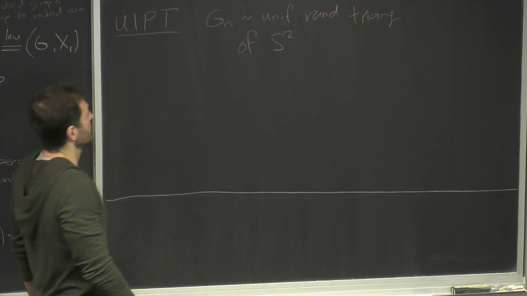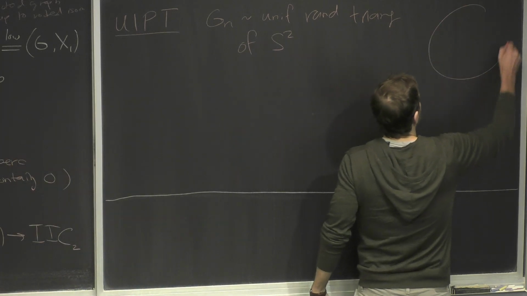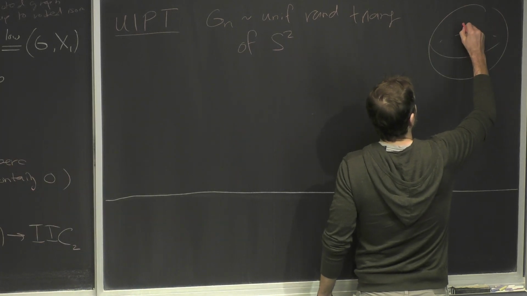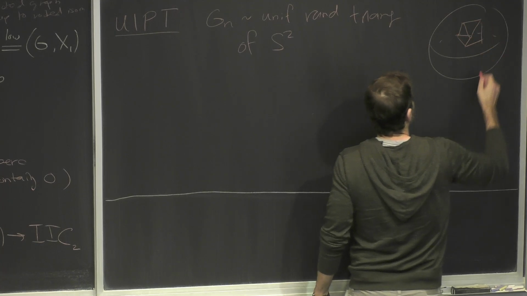So you write down a list of all combinatorially distinct triangulations of the two-sphere. No one needs a picture, so I don't know why I'm drawing it. Triangulation, it's made from triangles. Okay.